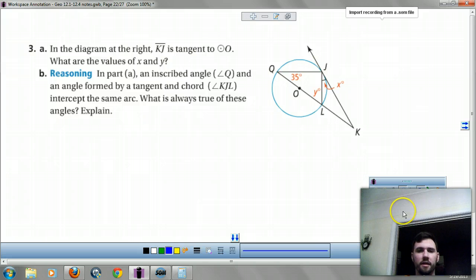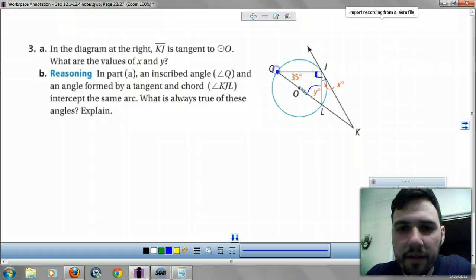This is where things get hard. So this is 35 degrees, right? I need to find x and y. Well, I'm going to find y first. This angle up here is 90 degrees. How do I know that?